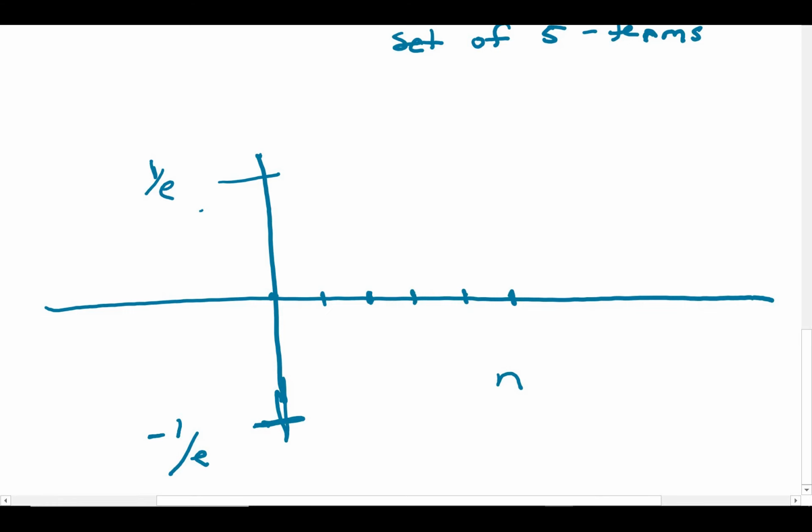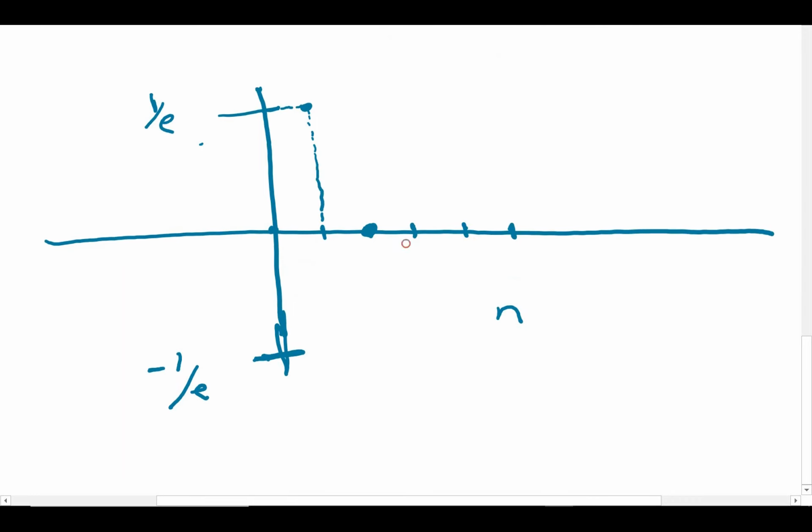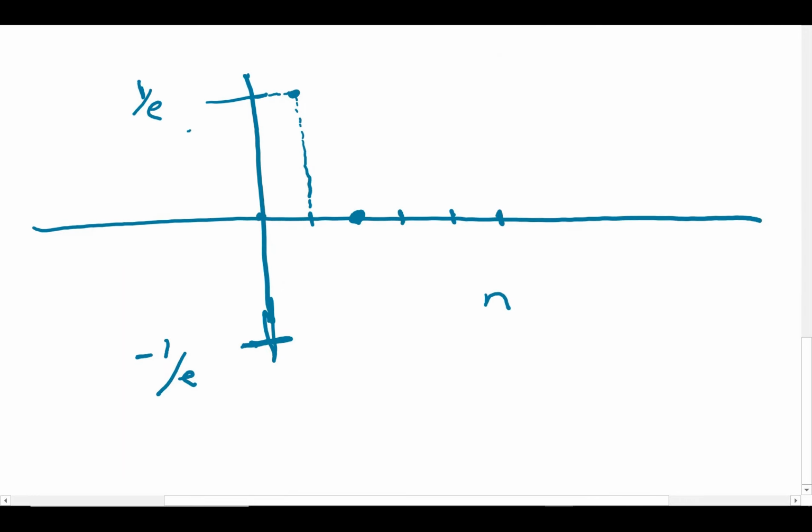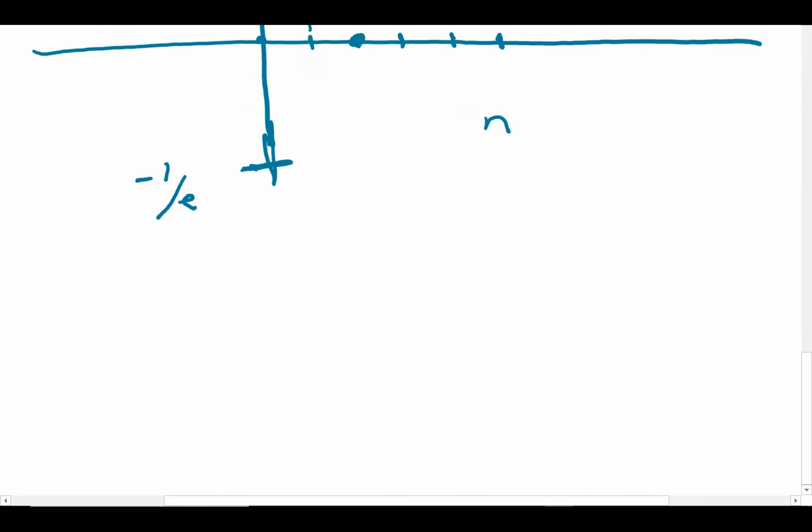The key information here is we start at this value right here. But then when n is 2, we hit 0, so we're going down. But then when n hits 3, notice how we hit a value less than that, because for negative 1 over e, we know that e1 is less than e3, which is less than e5.